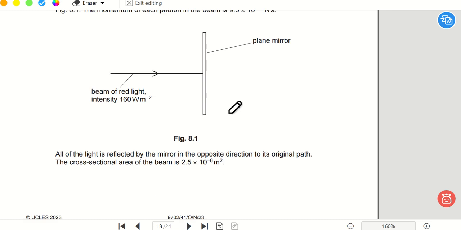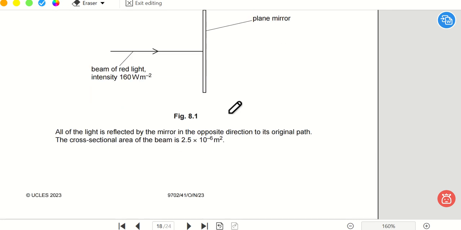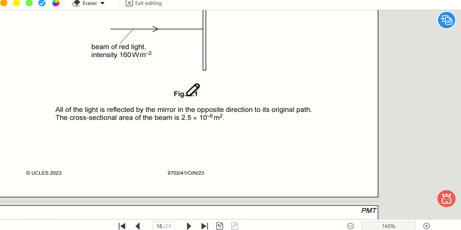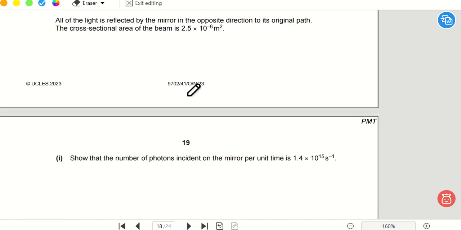All of the light is reflected by the mirror in the opposite direction to its original path. The cross-sectional area is 2.5 times 10 to minus 8 meter squared. Show that the number of photons incident on the mirror per unit time is this value.